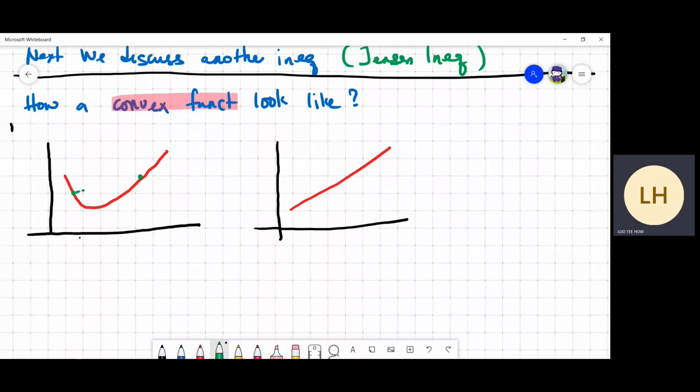If you draw a straight line connecting these 2 points, this green color line is always above, or identical with, the red color curve, the original one. So this is the idea for a convex function, and this is an example of a convex function.